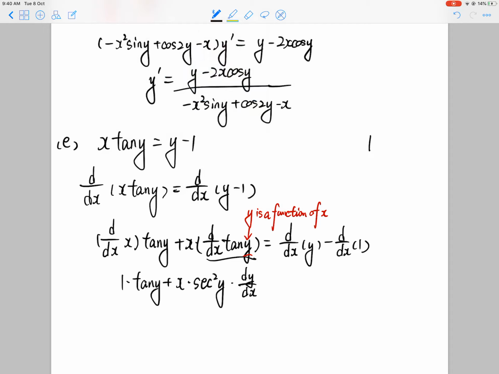So here's the difference. d over dy of sine y is just cosine y. But d over dx of sine y, if y is a function of x, is cosine y times dy over dx. Okay, so this is the difference.